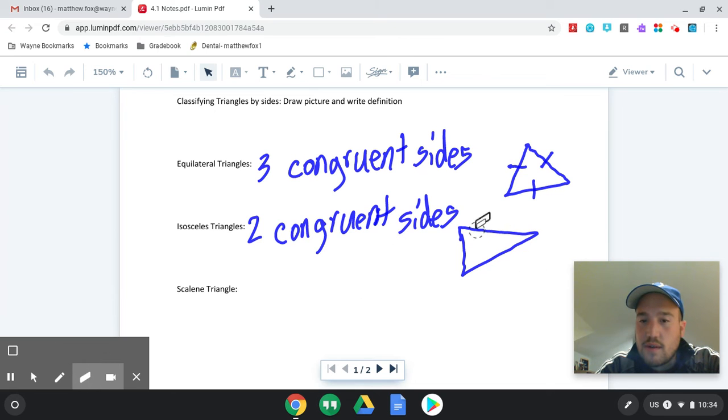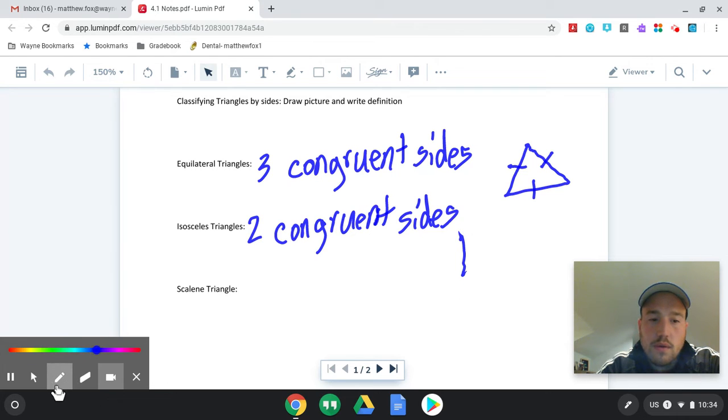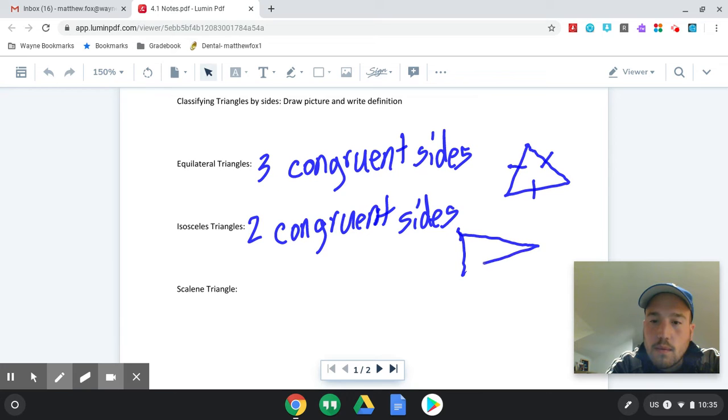That's not my best. So I could just put a mark here and here. This third side down at the bottom is not the same length, so we can't put a mark on it.